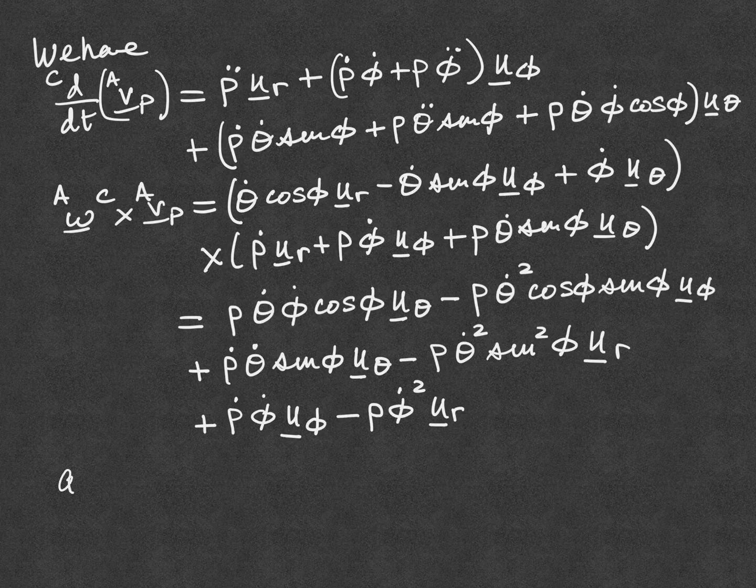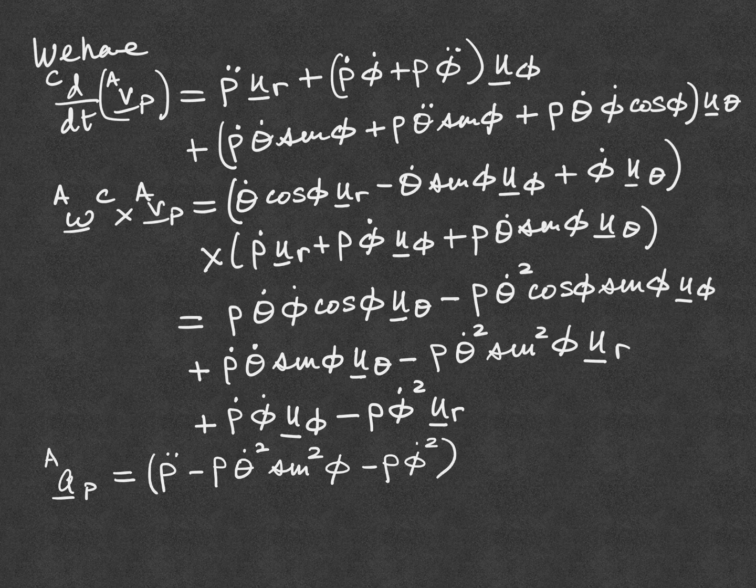that the acceleration of point P in reference frame A is equal to, so let's first gather up all the UR terms. We have rho double dot, and then minus rho theta dot squared sine squared phi, and then minus rho phi dot squared. Now we can do the u phi terms.